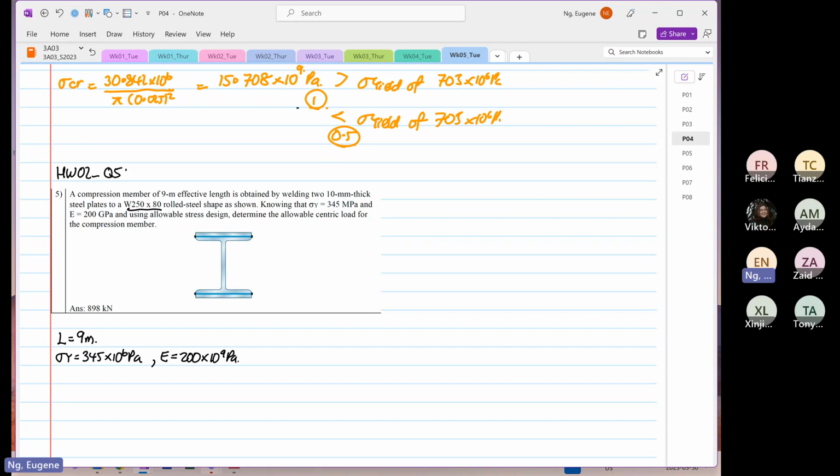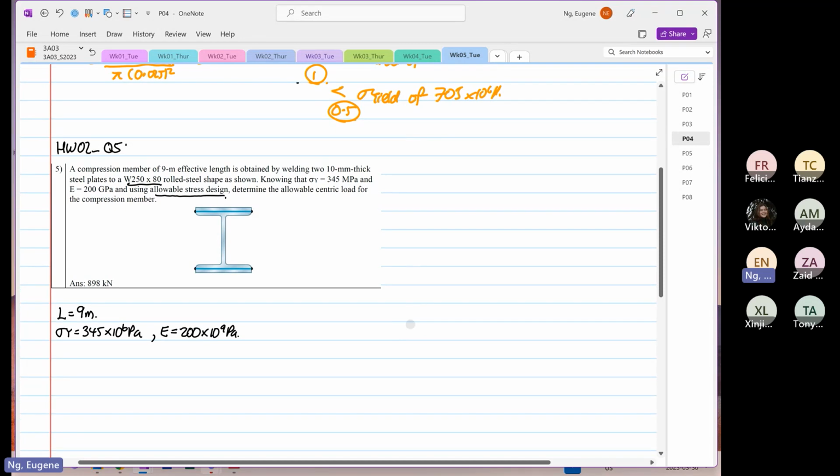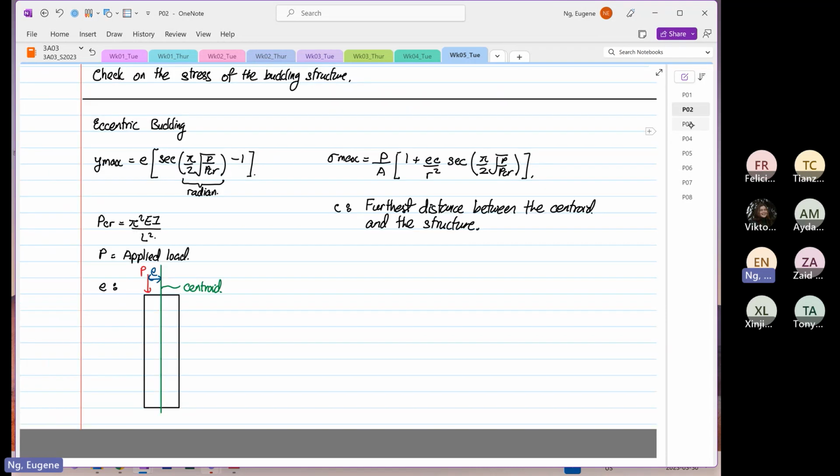Okay, we're given that. So we have to follow the allowable stress design. Okay, so the allowable stress design. Okay, so this is where we are going into the summary sheet again.